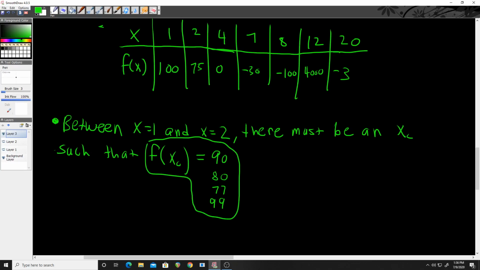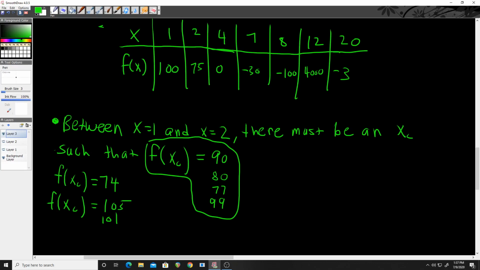Any of these are true because any of these are between 100 and 75. On the other hand, working with this sentence again, we cannot say with certainty that there's an x value that gives us, let's say, 74. That is not guaranteed. Likewise, we are not guaranteed to have something like 105 or 101.